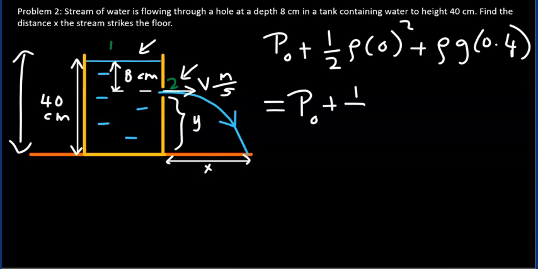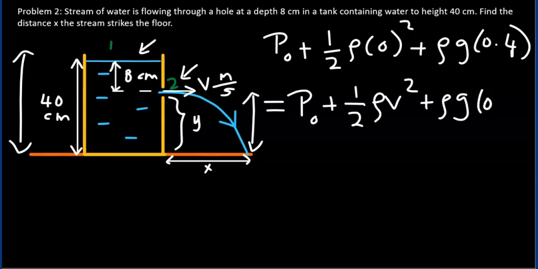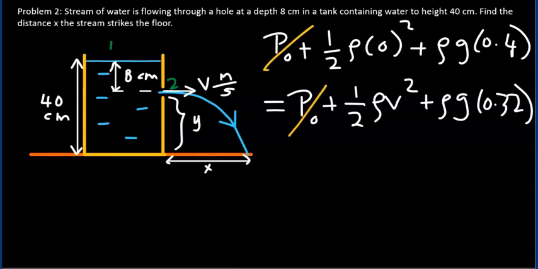Now the kinetic energy term is half rho, speed is what we want to determine, so we don't know that. Now the elevation of that hole measured from the ground is that distance right there. So that is 40 minus 8, 32 centimeters, or 0.32 meter. So that will cancel. This is 0. Now all the terms have density in them, so that will go away.